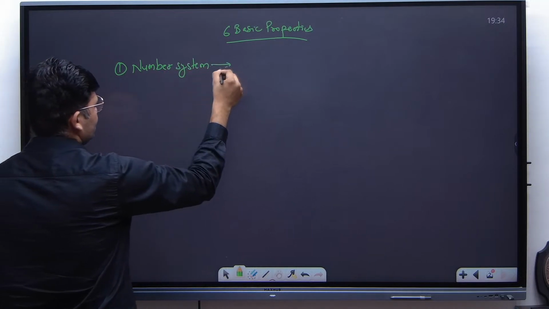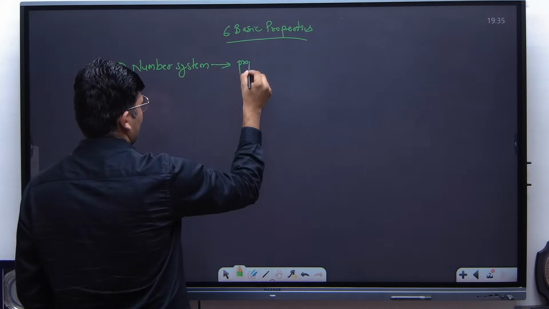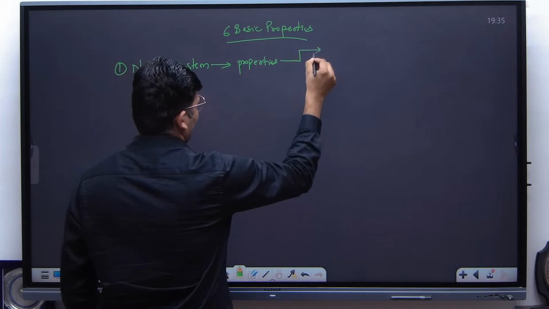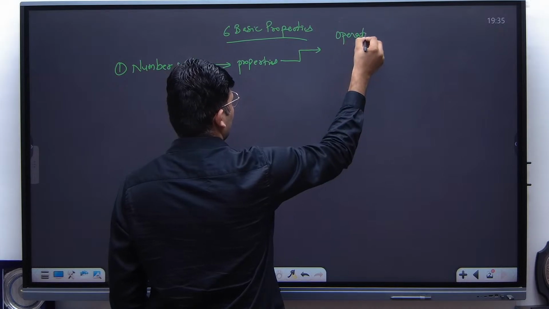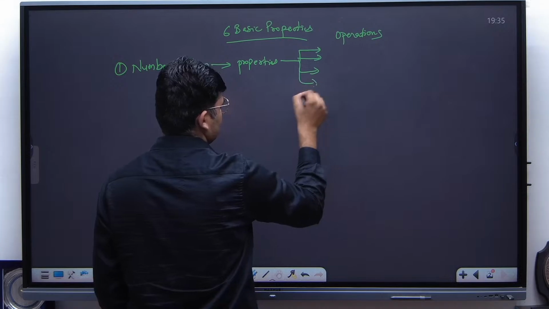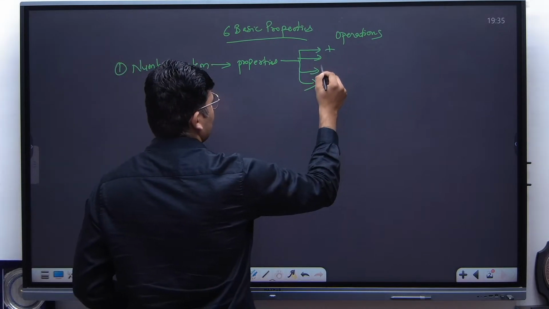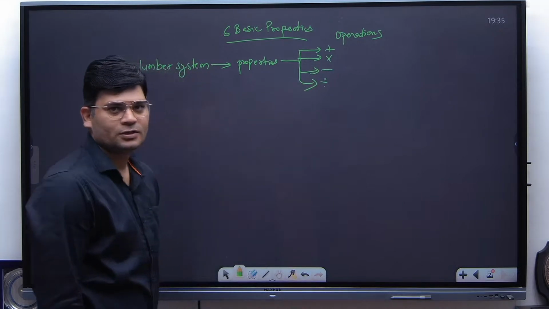Then in that number system we have properties, and in those properties we do operations. This is how maths goes. What are those operations? They are addition, multiplication, subtraction, and division.